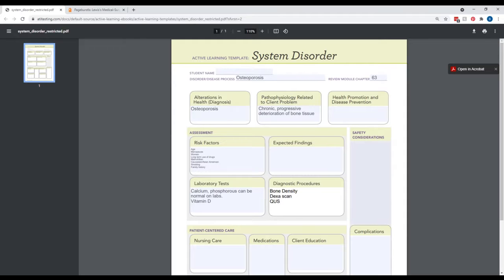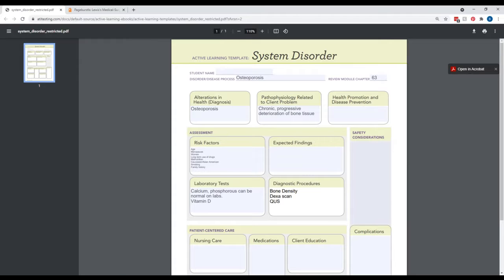The DEXA scan actually uses X-ray to check, and the ultrasound uses ultrasound waves to check. So the DEXA scan is more accurate.